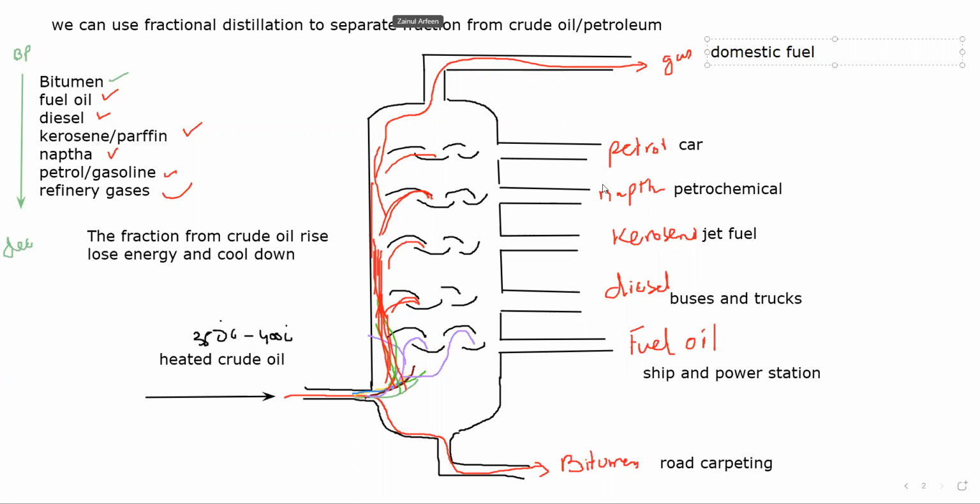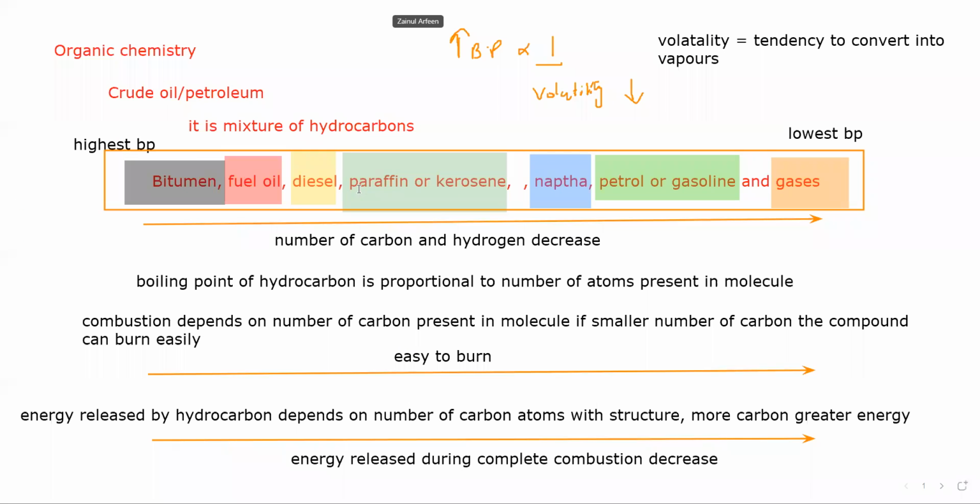Why we use, look, the thing is, in the beginning, I mentioned that as there are more carbon atoms, the energy produced will be higher. To move a truck or a bus, we need more energy. That is why buses or trucks are using diesel instead of petrol.